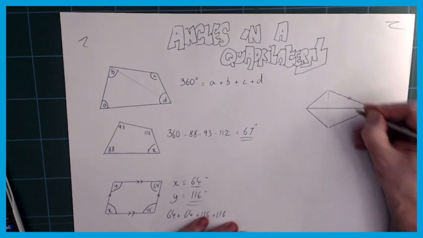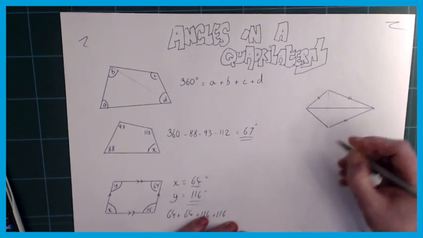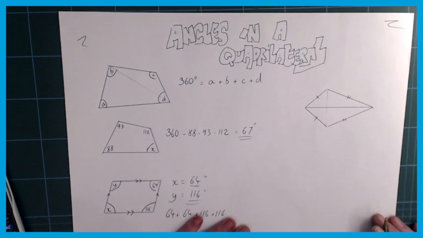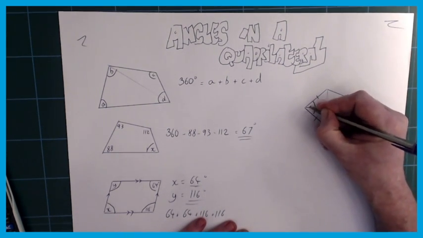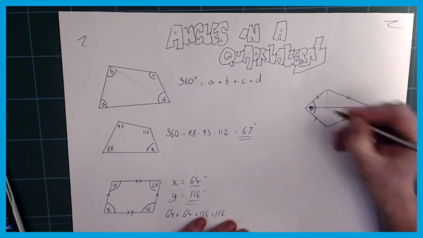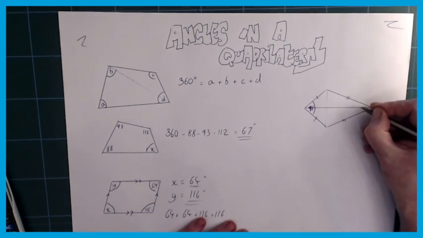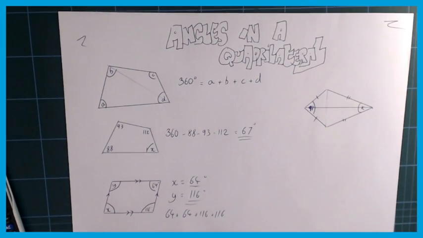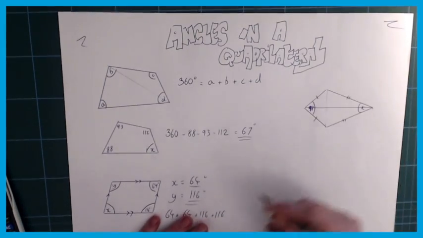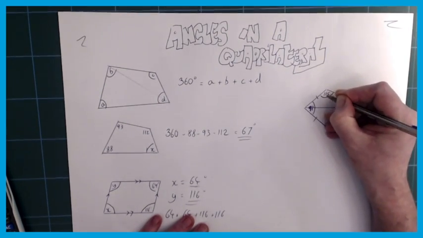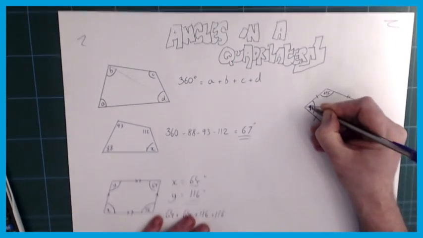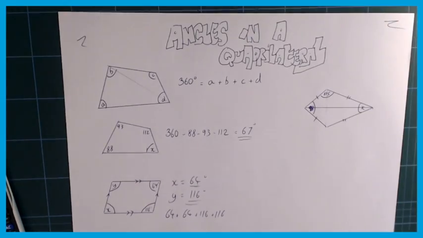So we know these 2 are equal, and this is equal here. And we've been told that this is 98 degrees, and this angle there we don't know, and we're told this angle is 115. So that's 98, 115.